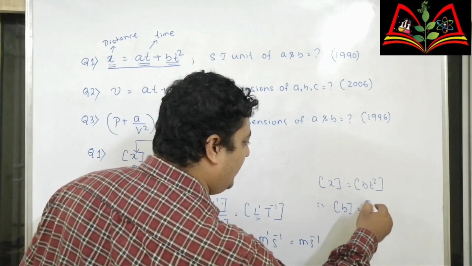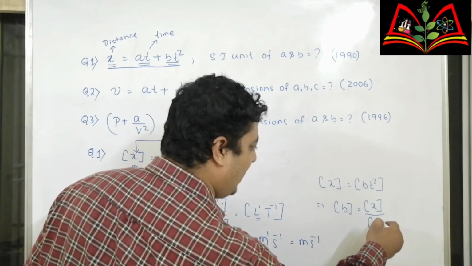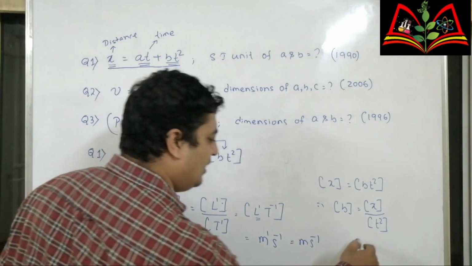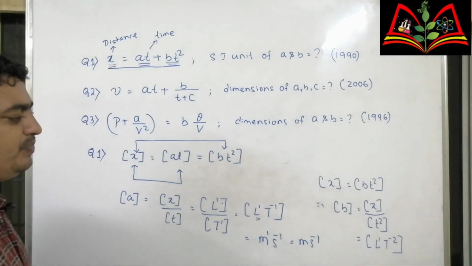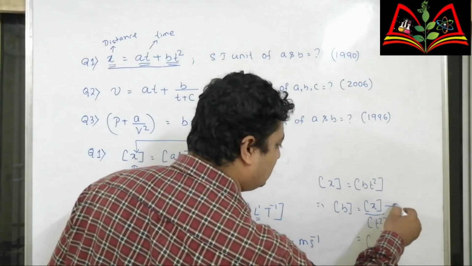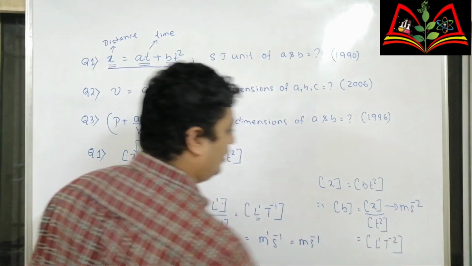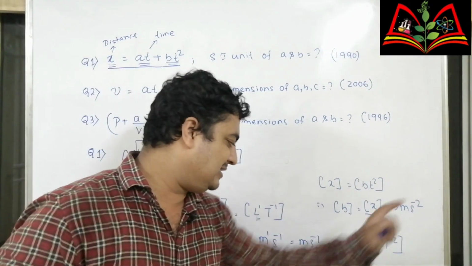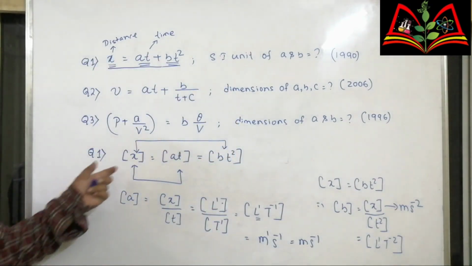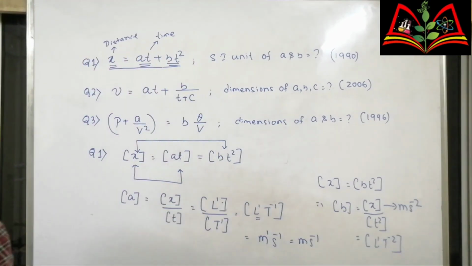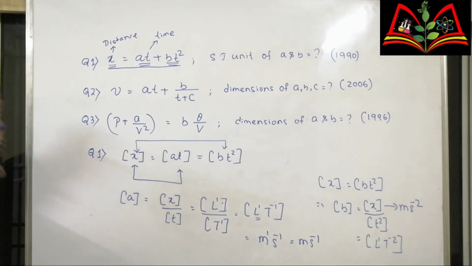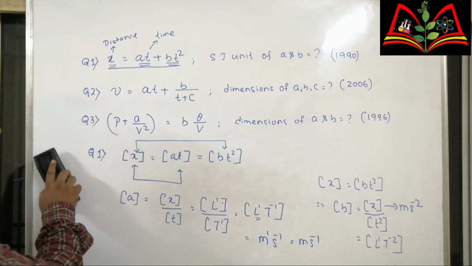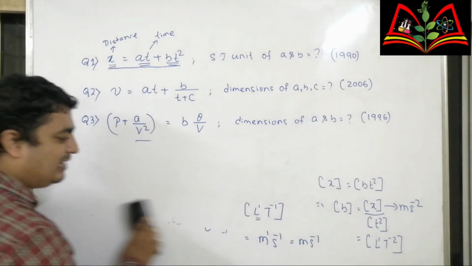So dimension of b, it is equal to dimension of x by dimension of t square. Now we can say it is L to the power 1 t to the power minus 2. So SI unit of b becomes m s to the power minus 2, meter per second square. So from this equation we can find the dimensions of A and B. Now we'll go for the second question, question number 2. Now what is the given question?